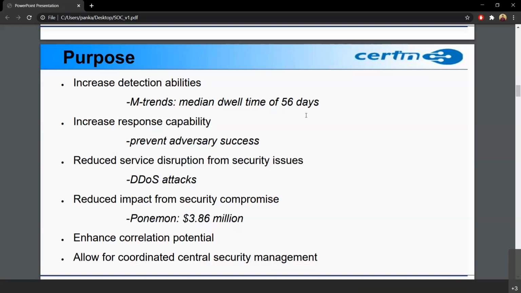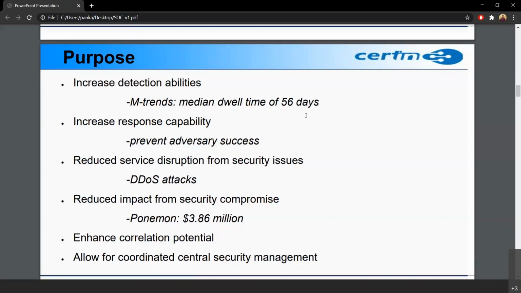So other purposes of a SOC include enhancing the correlation potential. Correlation basically involves this: suppose there is an IP which is continuously scanning an organization. We know that this IP is trying to penetrate into our system. But in some other devices, this IP is already talking to some of the servers.